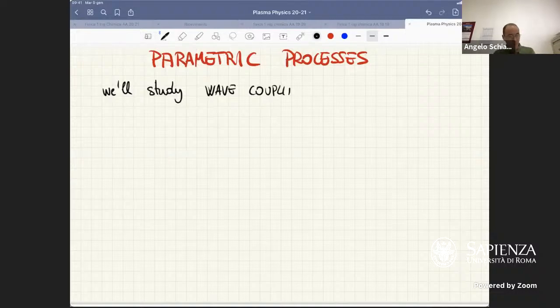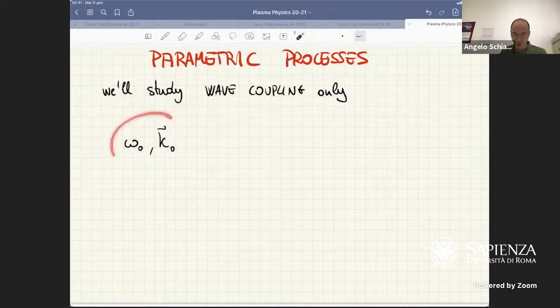So suppose that we have an incoming wave, which is described by an angular frequency, the incoming omega, and by a k vector, so a wave number k0. So this is representing the incoming wave.